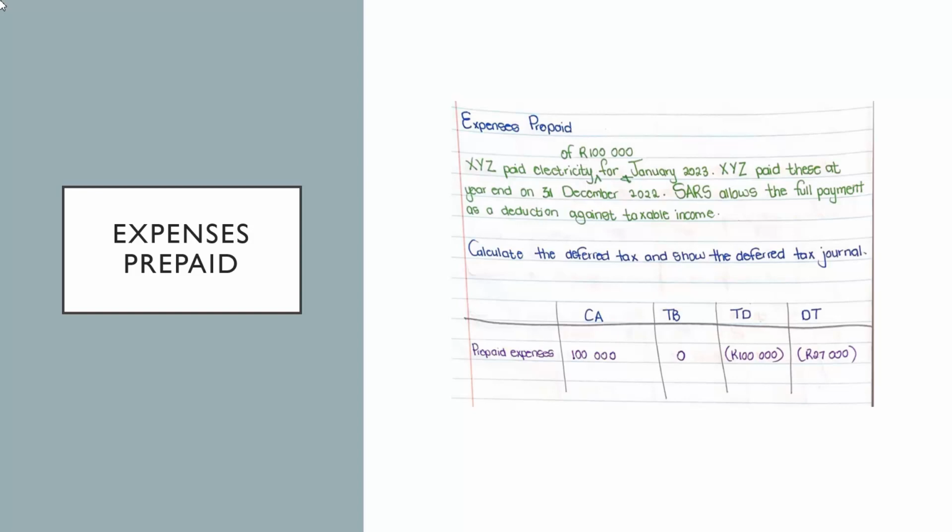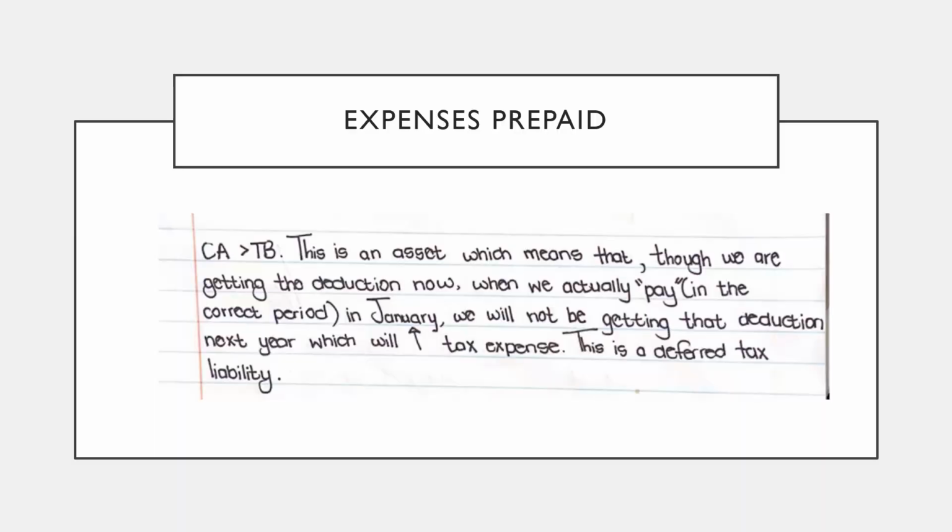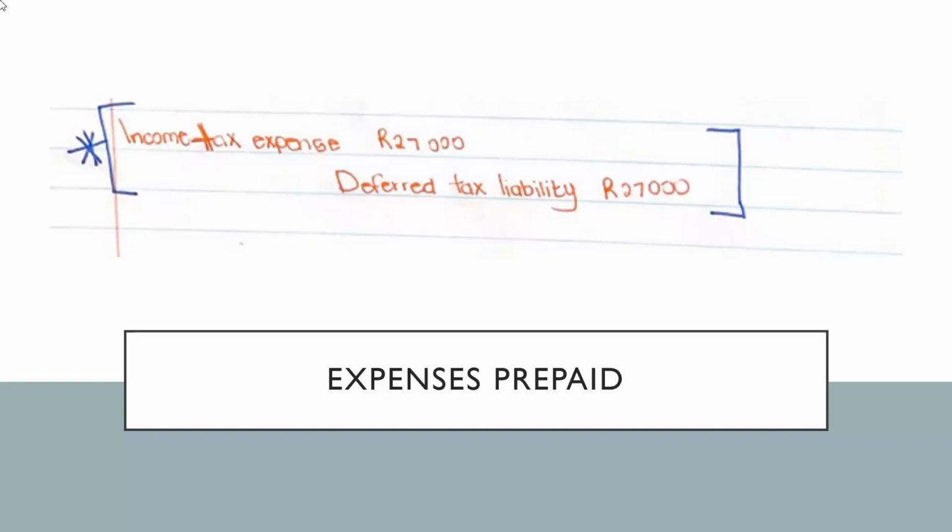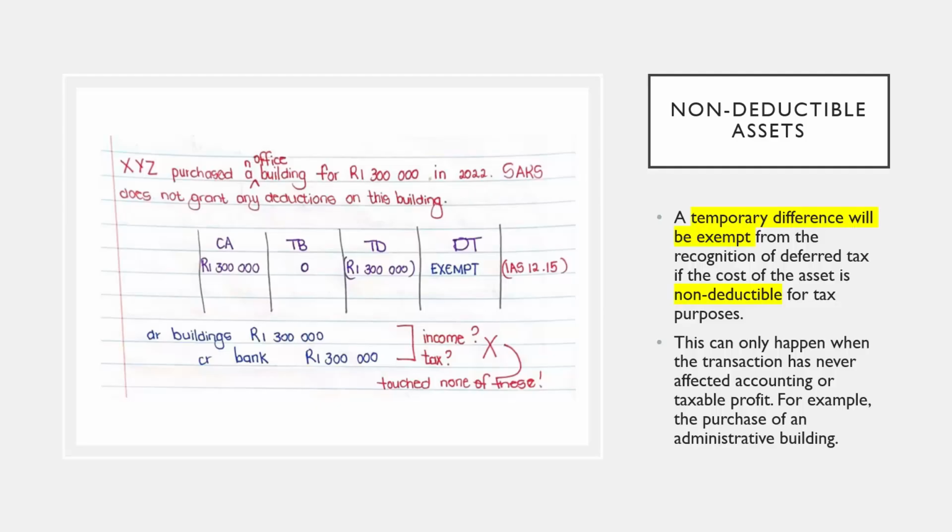A taxable temporary difference and therefore a deferred tax liability of 27,000 Rand. Carrying amount is greater than tax base, it's an asset, and we'll not be getting that deduction in future, so this is a deferred tax liability. Journal entry for that: debit income tax expense 27,000 and credit deferred tax liability 27,000 for expenses prepaid.